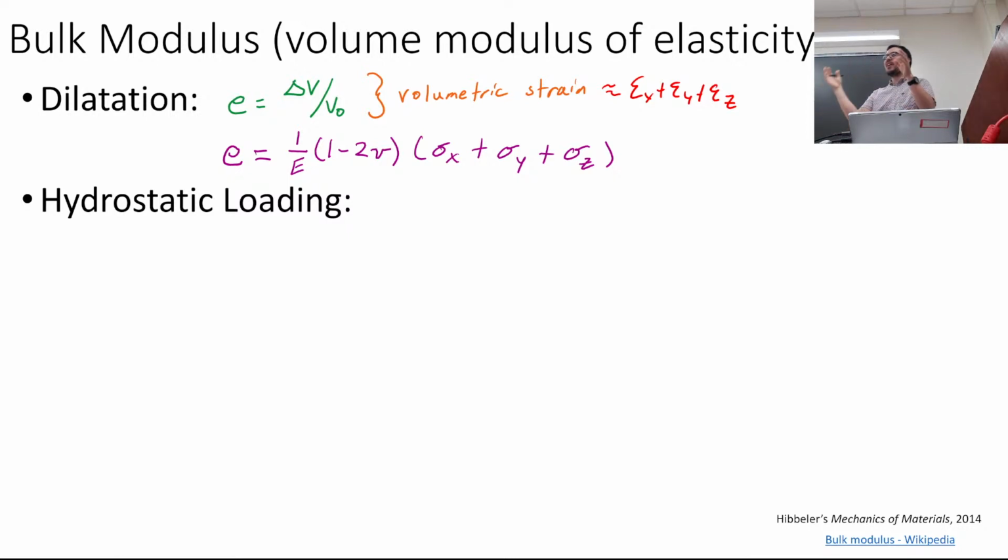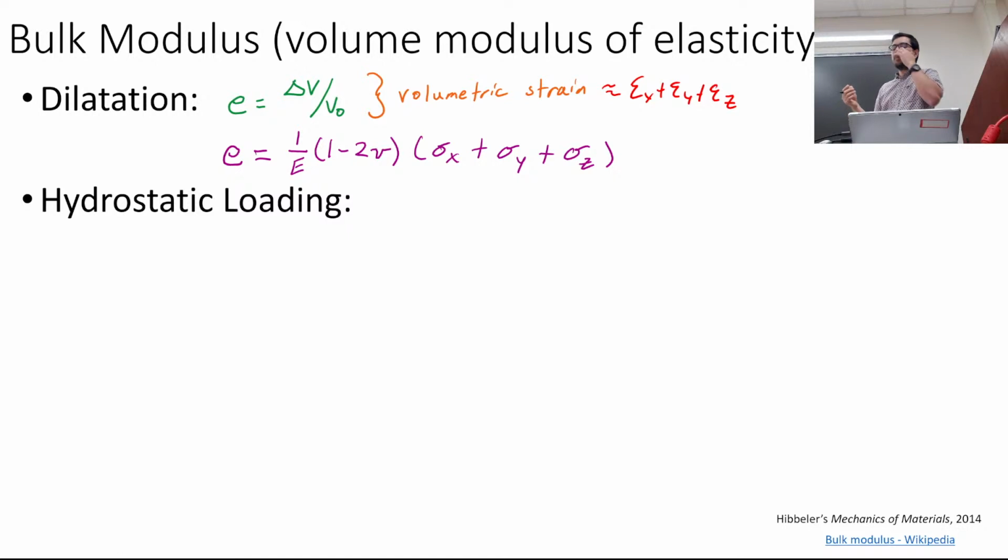Now let's go back to statics. Let's say that we've got that cube or that rock underwater. There's pressure on it. And for our intents and purposes, if this block is underwater at some depth, it has equal pressure acting on all sides. Maybe you did this when studying buoyancy in physics.